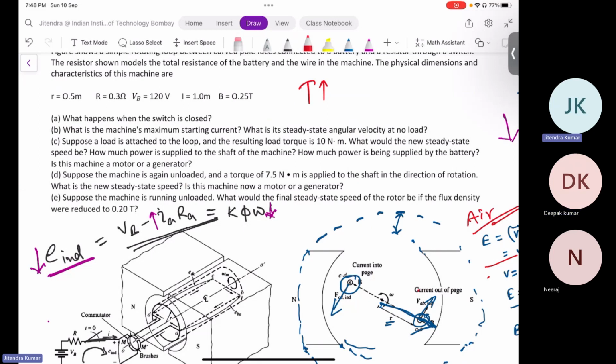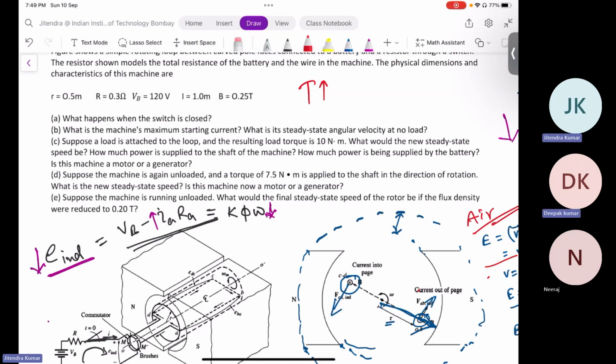Unloaded. Sir, I think here our flux has changed. So when flux is changed, our induced EMF will also change.